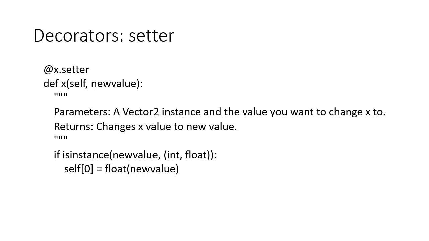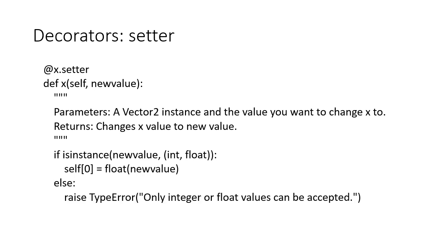We can't do that here because we haven't defined doing that yet. But what we can do at this point is change the value of self[0] to the new value. So then when we use that, we would say something like new vector.x equals 7, and that would change the 1 to a 7. Actually, it would change 1.0 to 7.0 because we are turning things into floats. Otherwise, we would want to raise a type error that says that only ints or floats are acceptable at this point.